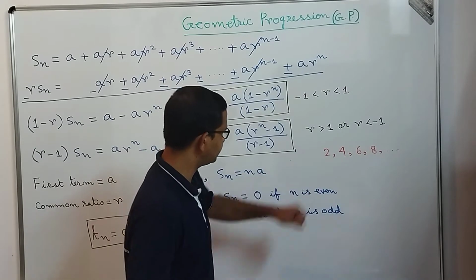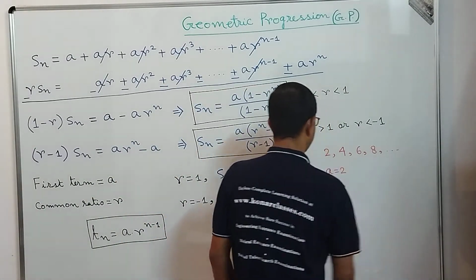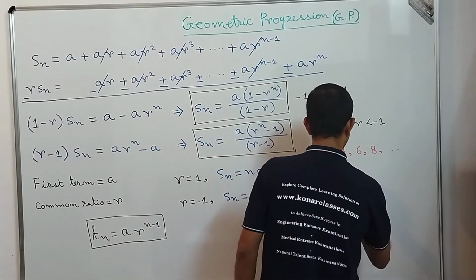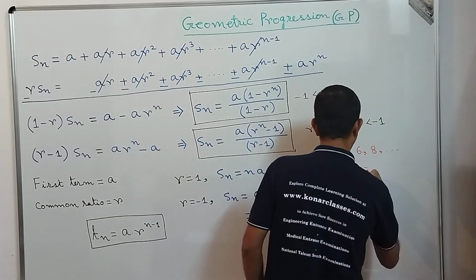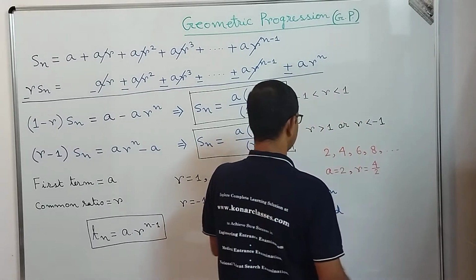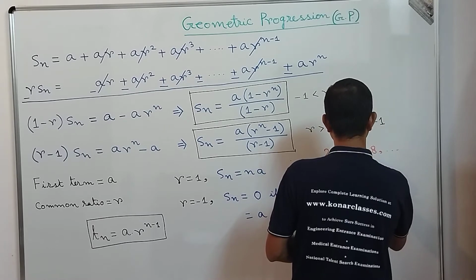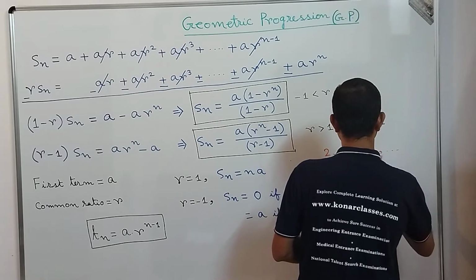So what is the first term? First term a is equal to 2. And what is the common ratio? Common ratio r is equal to 4 by 2. Okay, sorry, I made a small mistake here. This should be 8 here. 2, 4, 8, then 16.